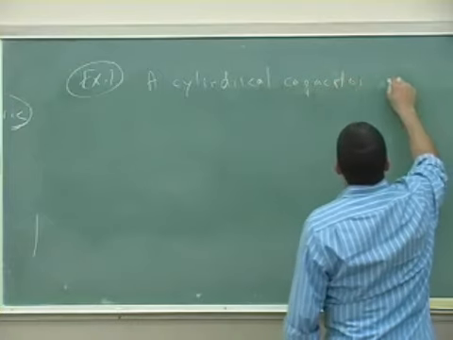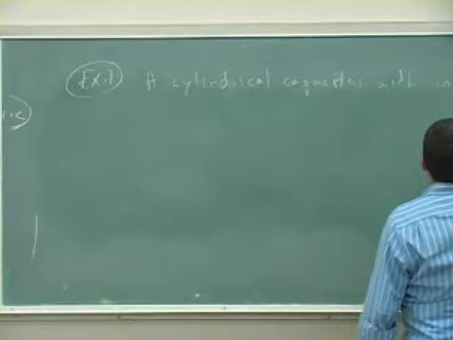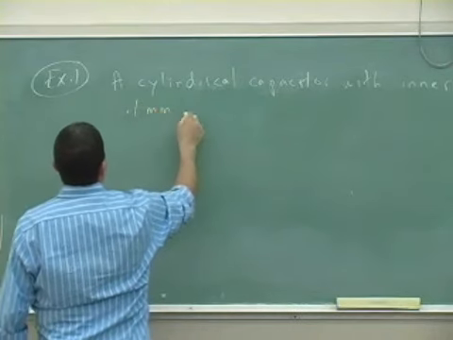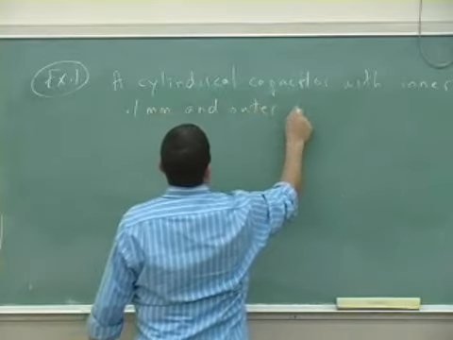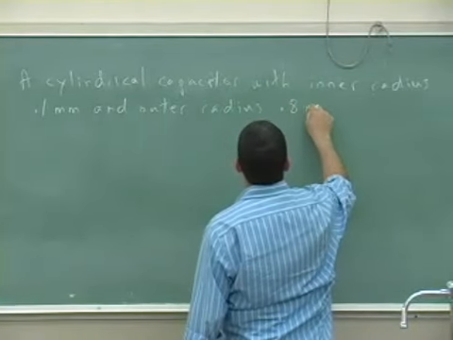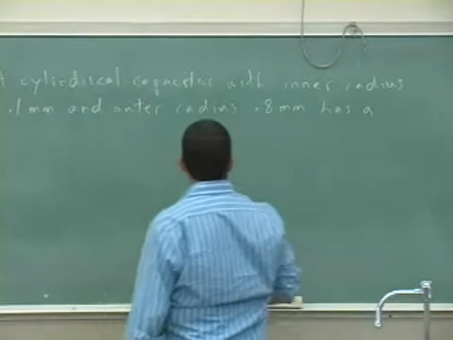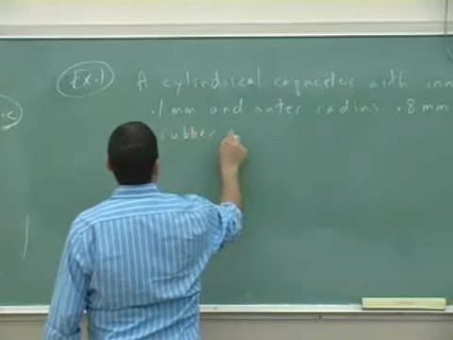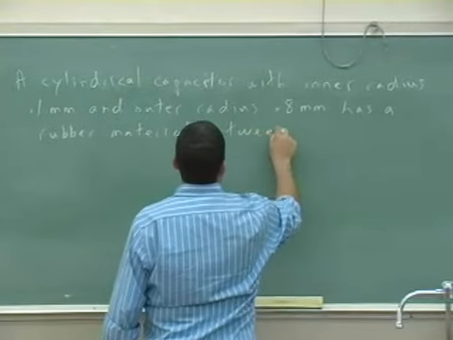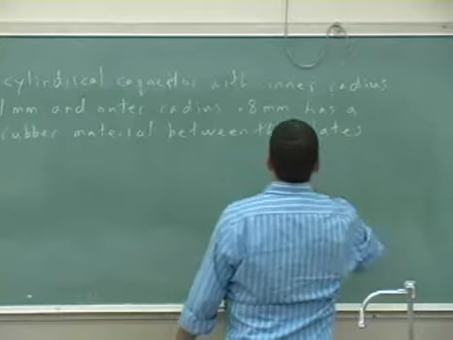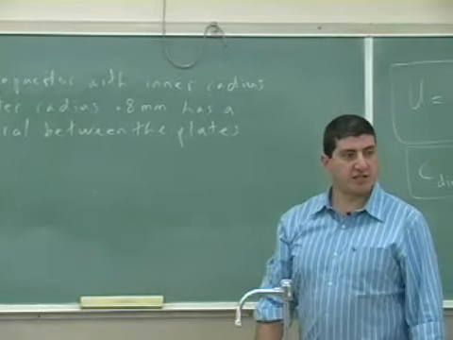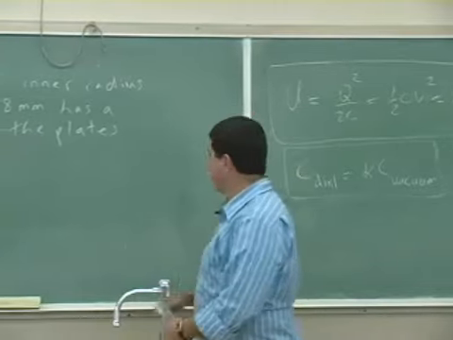A cylindrical capacitor, inner radius... So a cylindrical capacitor with inner radius 0.1 millimeters and outer radius 0.8 millimeters has a rubber material between the plates.